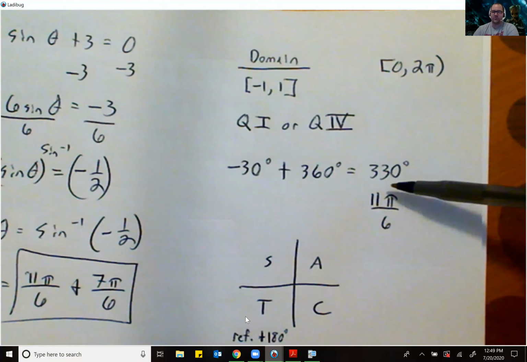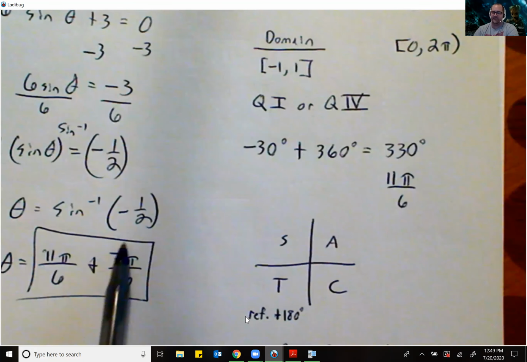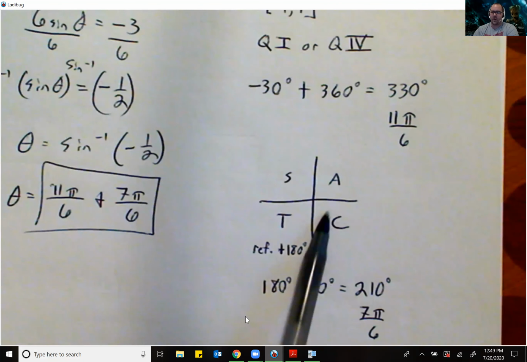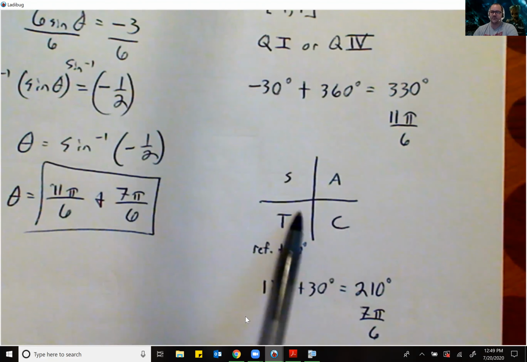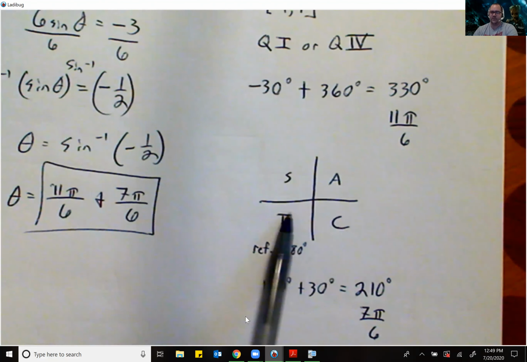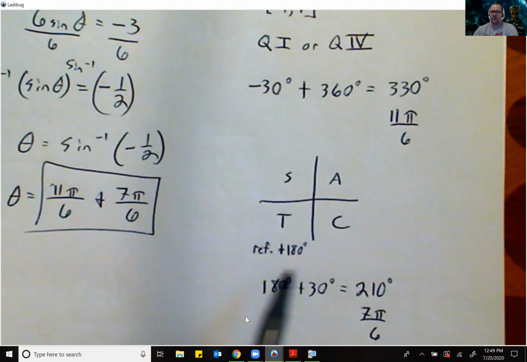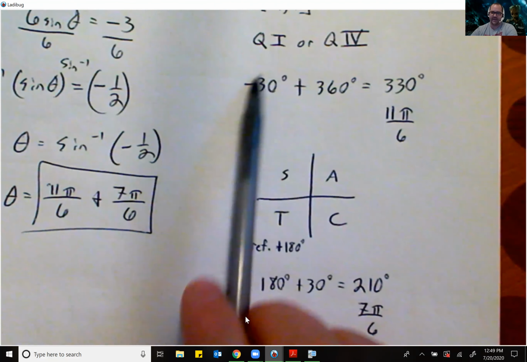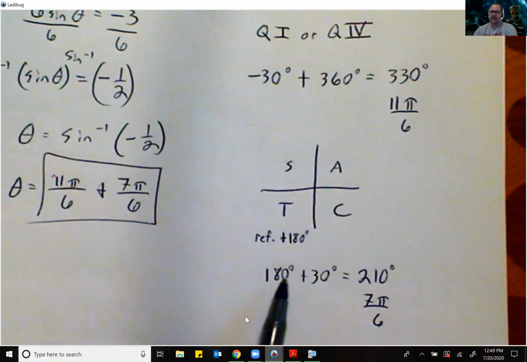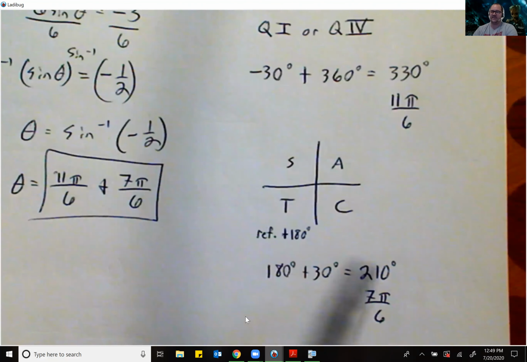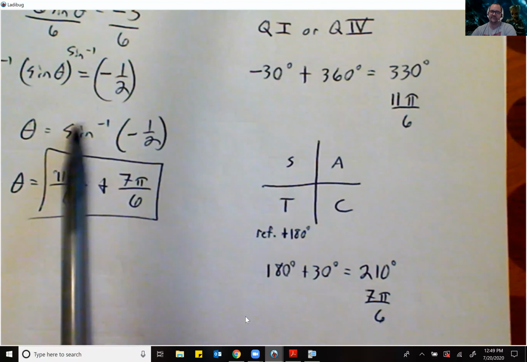Then, because there are two places where sine is negative, the fourth quadrant and quadrant 3, I had to find quadrant 3 by taking the reference angle plus 180. Well, this guy actually was the reference angle. Just take off the negative. And so if I take 180 plus 30, I got 210. And that is the other angle, 7 pi over 6, where sine is a negative 1/2.